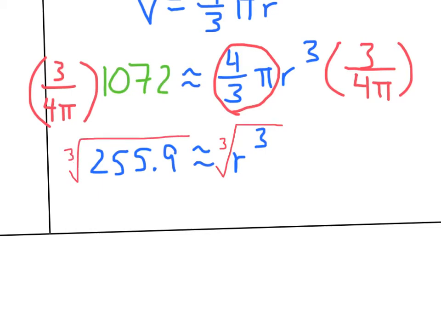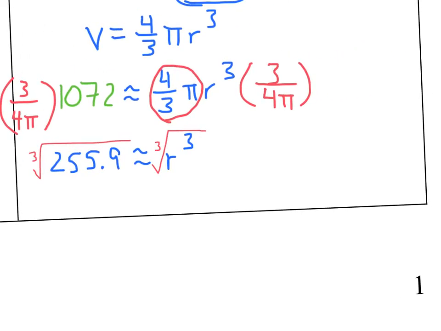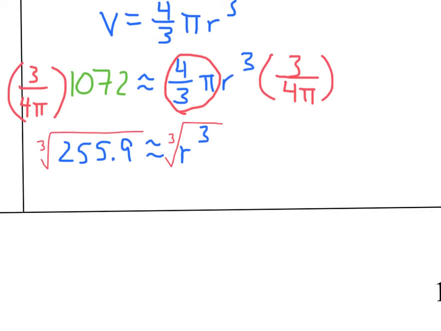Now, how do you evaluate that on your calculator? There's a couple different ways, and I found that one of the easier ways is to do an exponent. So what I would do on my calculator is press the button that looks like this, x to the y, or you might find a button that has a little caret, which means power of. So what I'm going to type in my calculator is this.